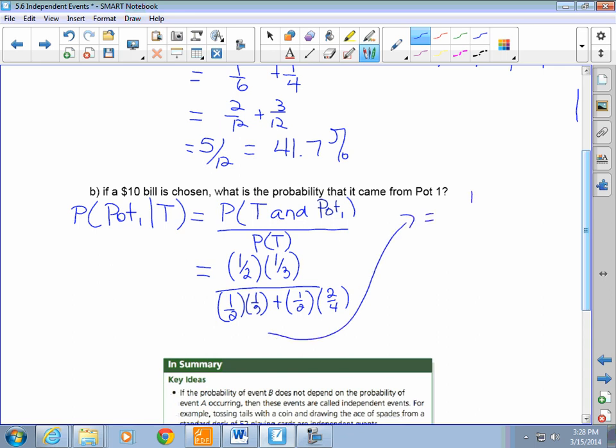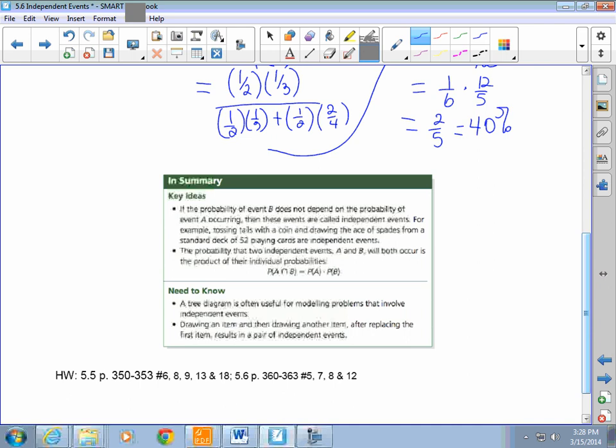So this is equal to 1/6 divided by 5 over 12, because that's what we figured out in the first one. The probability of that $10 bill was 5 out of 12. So I have 1/6 times 12 over 5. That leaves me with 2/5, or a 40% chance that if I had a $10 bill, it came from pot 1 or pot A.